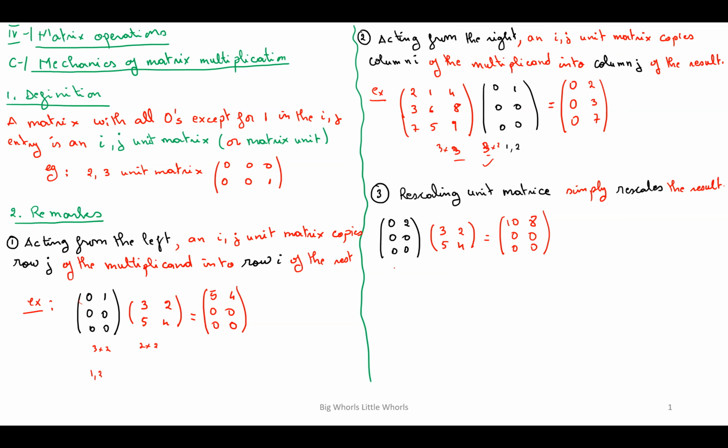Because this is a 1, 2 unit matrix, we can say unit because the two is different from one, so it's two times the 1, 2 unit matrix. So it's going to copy row two into row one. So row two here is 5, 4 into row one, and then multiply it by two. So 2 times 5 is 10, 2 times 4 is 8. Okay, so let's continue.